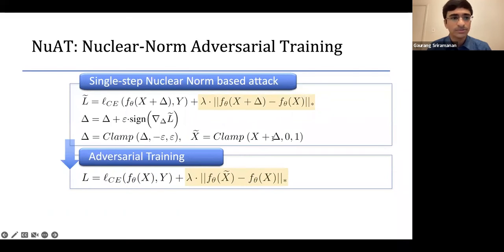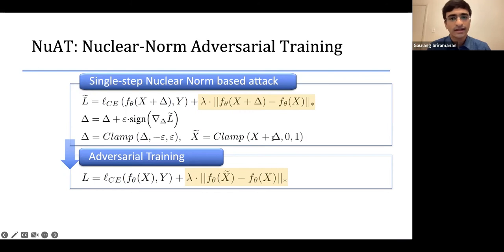And crucially, we use this both in the attack generation as well as the training step. We increase this value of lambda linearly over training epochs to achieve a better clean accuracy. And we further set the coefficient of the nuclear norm regularizer term in the attack step to 0 in alternate iterations, similar to before, to improve attack diversity even more over the baseline.